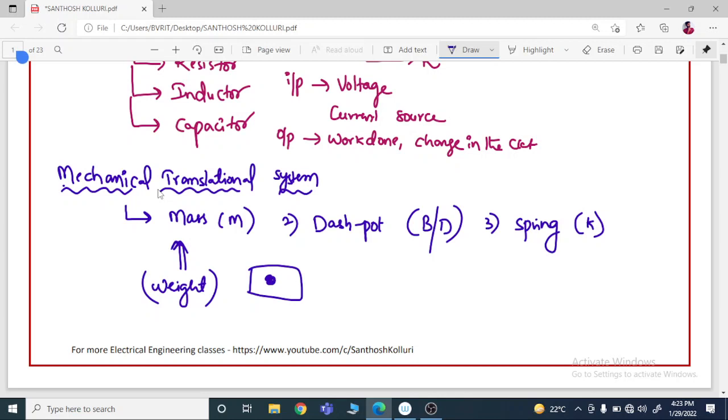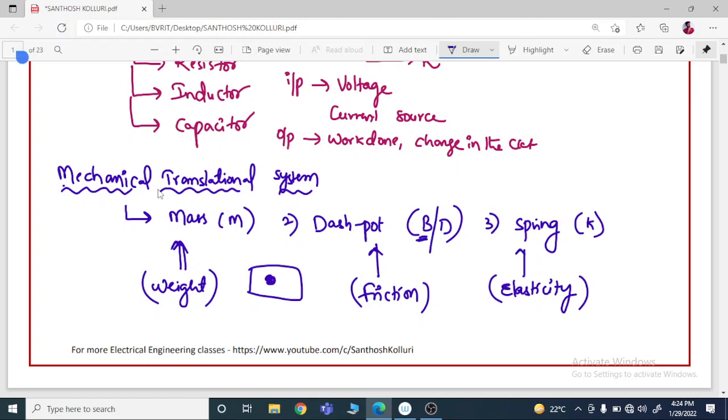The elasticity of the system is represented by the spring constant, and the friction existing in the system is represented by the dashpot. Here B or D, I will use B as the notation throughout.